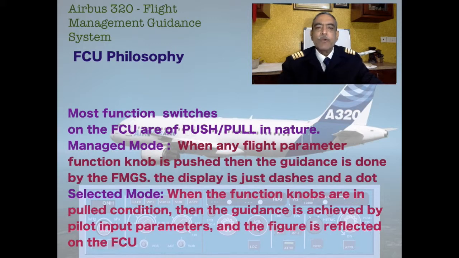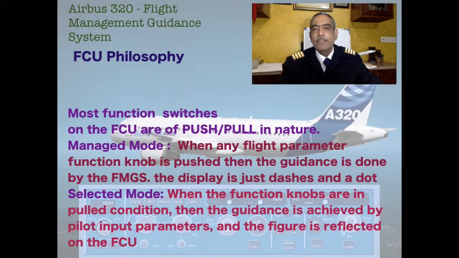In the selected mode, that means from the managed mode, when the pilot takes over the control of the flight parameter, then it is called the selected mode. And when the function knobs are in the pulled condition, then the guidance is achieved by the pilot input parameters and the figure is reflected on the FCU.